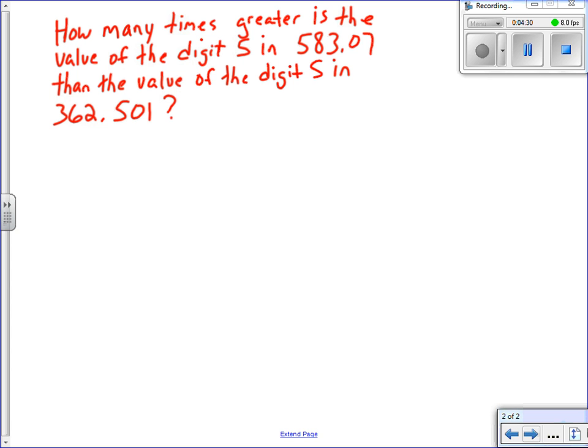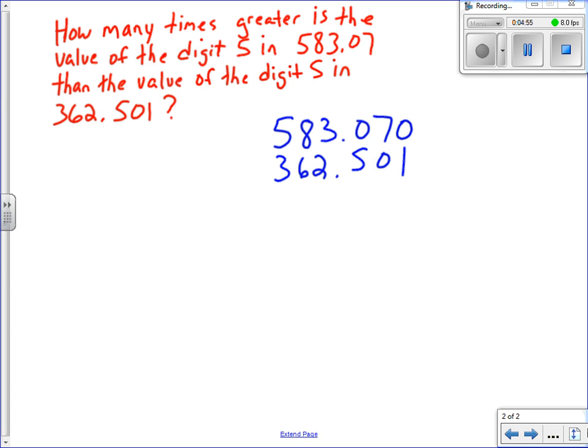And we're going to be doing that a lot when we add or subtract decimals. Also, we line up the decimals. So I'm going to write these two numbers again, lining up the decimals. 583 and 7 tenths, 362 and 501 thousandths. And I like to have my place values instead of leaving them blank, so I'm going to put a 0 there.